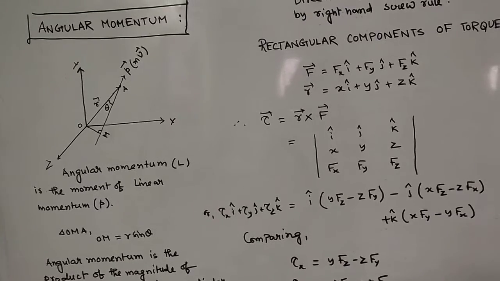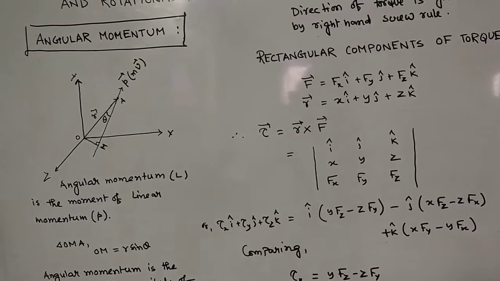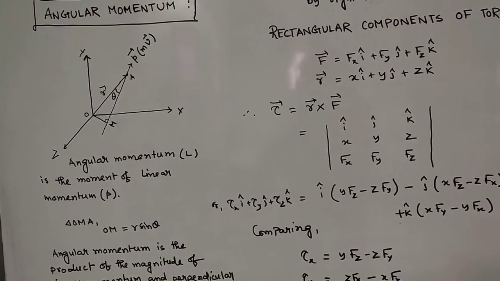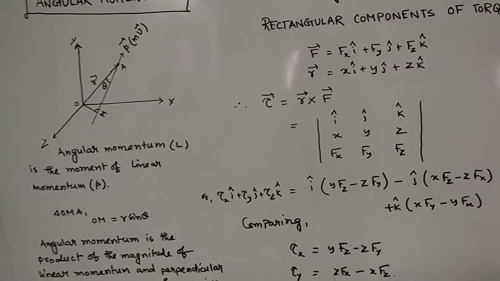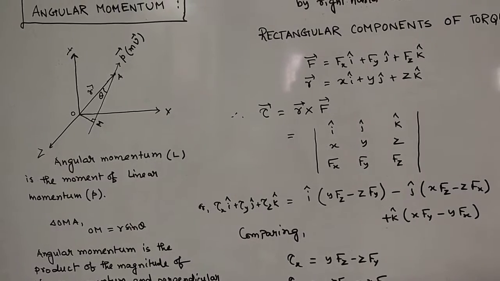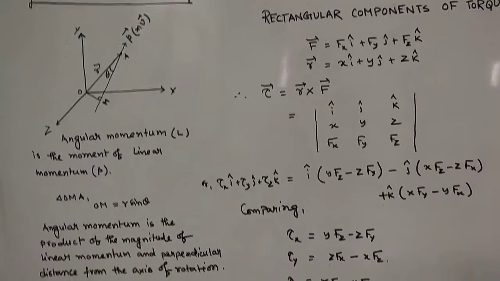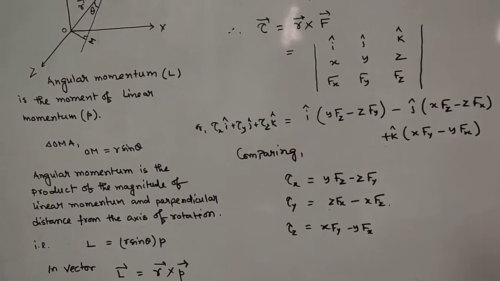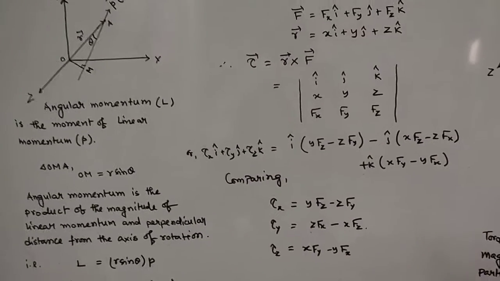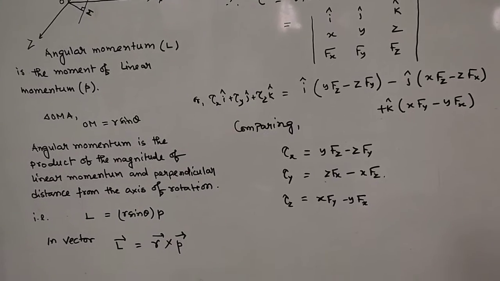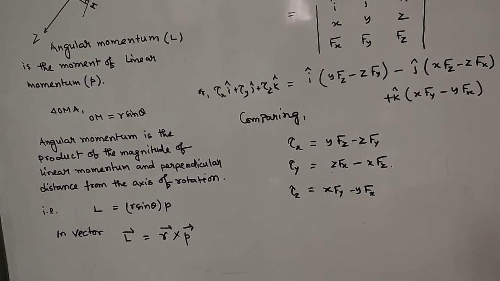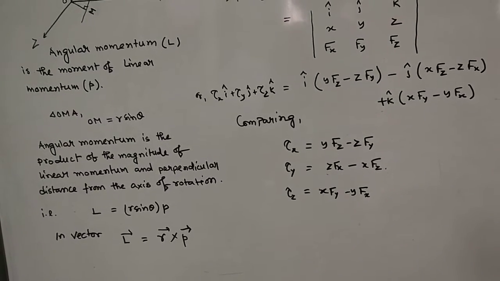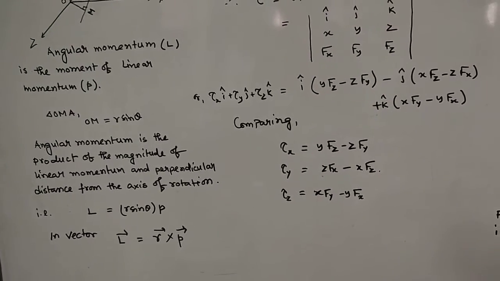The axis of rotation is the axis which passes through the origin. So OM is the perpendicular distance from the origin to the line of action of linear momentum. So L equals r sin theta times p. In vector form, you can write L vector equals r vector cross p vector.